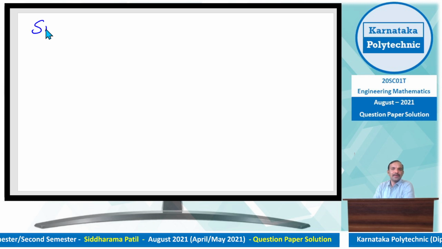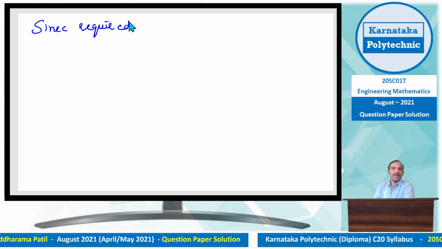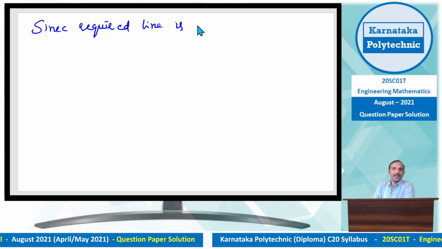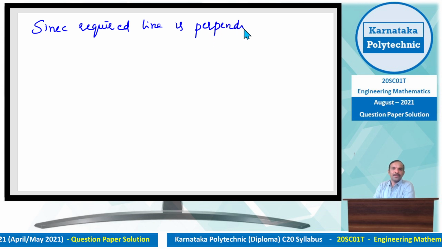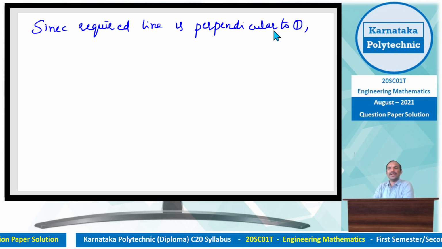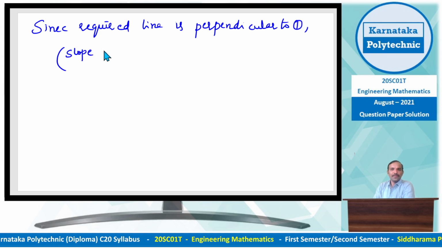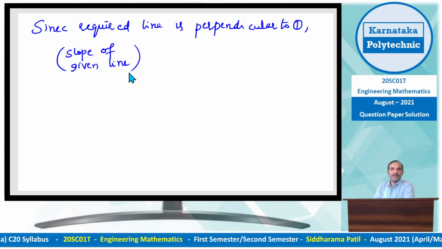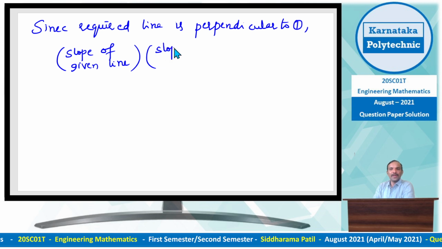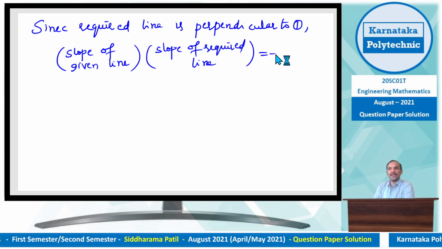Therefore, since the required line is perpendicular to 1, what is the perpendicular condition? m1 into m2 equal to minus 1, that is slope of given line into slope of required line equal to minus 1, since they are perpendicular.